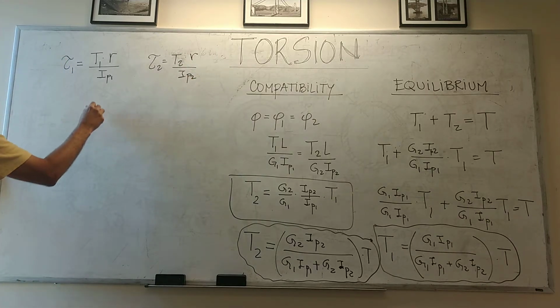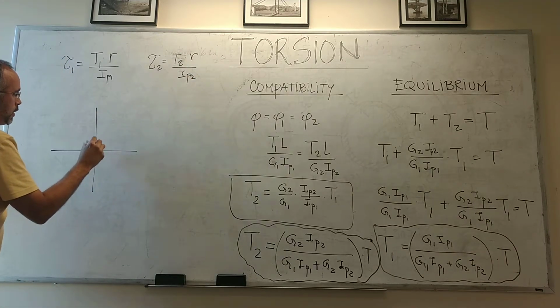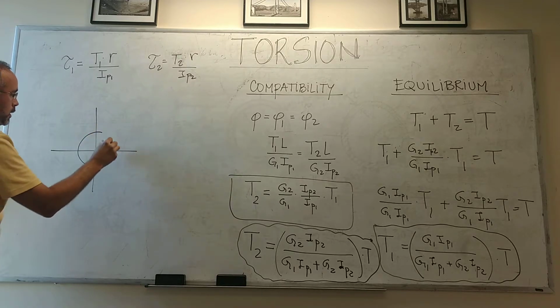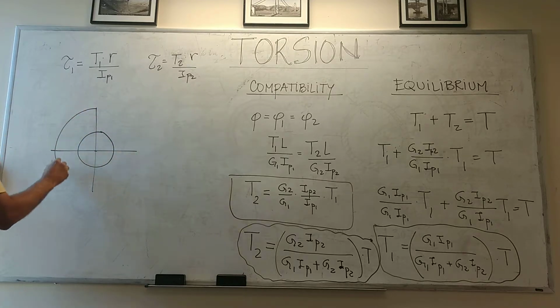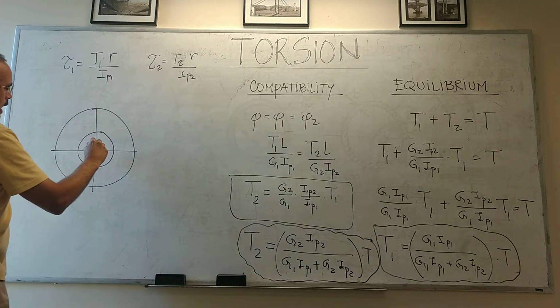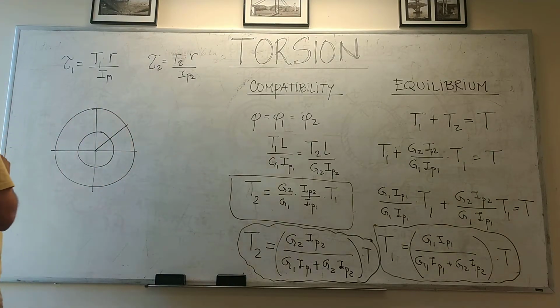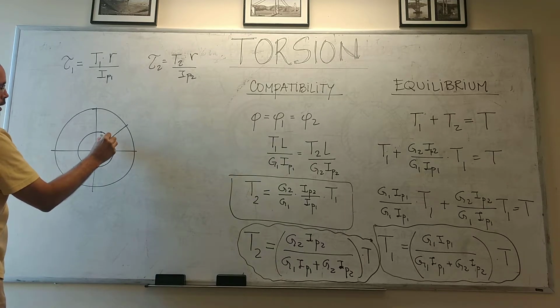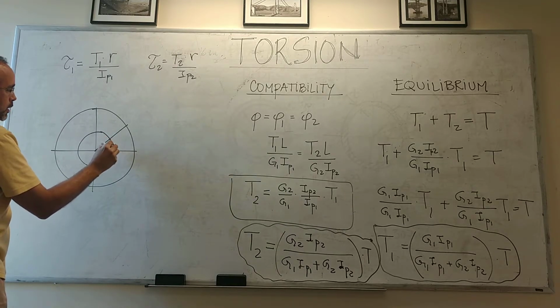But you have to remember that you have one material here at the core, another material here on the outside, and when you look at the shear stress, you're going to get something that varies linearly here like that.